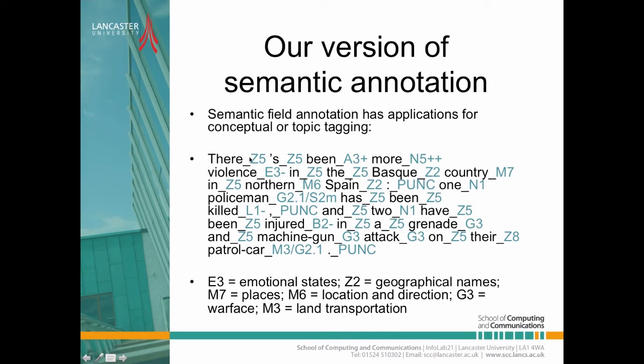We apply a tag or label to each word in the text, and I'll tell you more about the detail of this in a moment. Here, just to give you an example, you can see we've assigned these semantic labels to each word in this text. These indicate things like E3, emotional states, M6, location and direction, and G3 is warfare, for example.